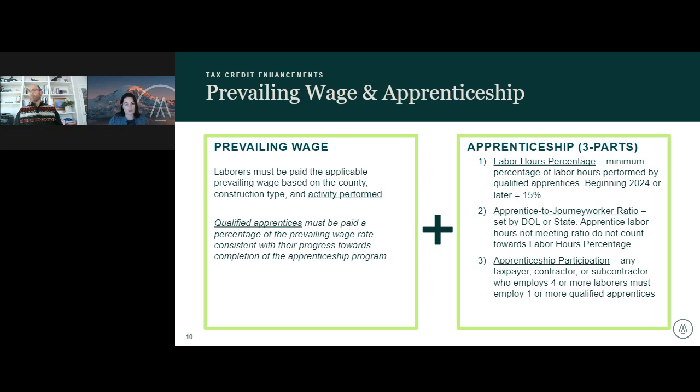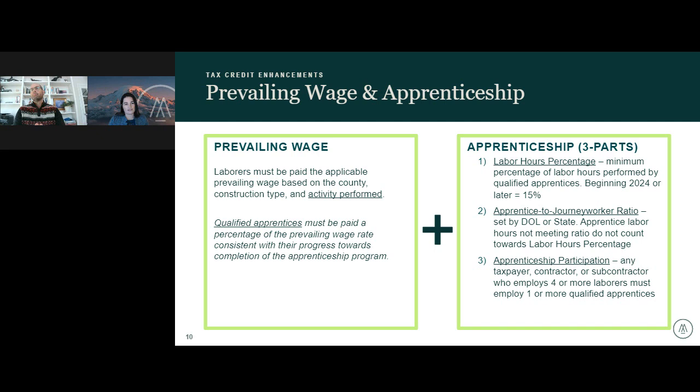For most IRA projects, the construction type is going to be heavy if it relates to mechanical facilities and equipment, but it may also include the construction type building if it includes areas where the operators, those working in the facility, are going to be housed. And I also want to emphasize that it's based on the activity performed by the laborers, not their job title or qualifications.